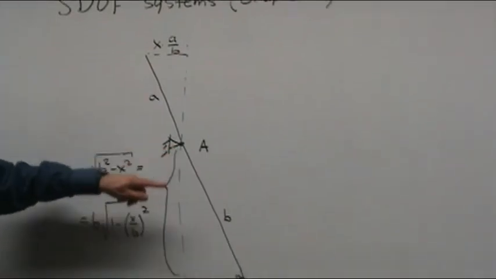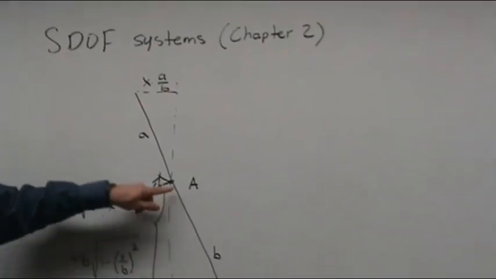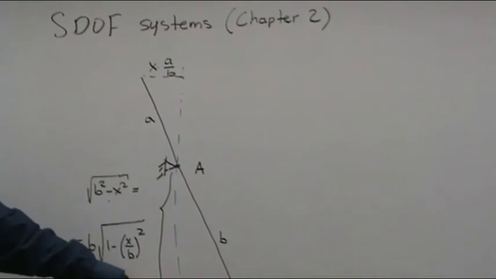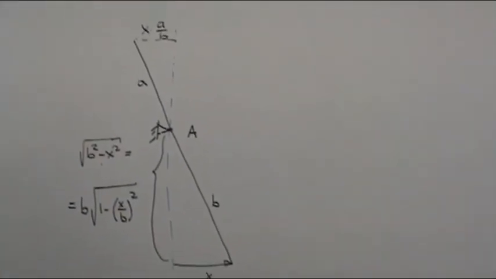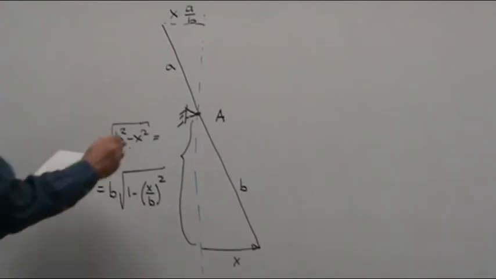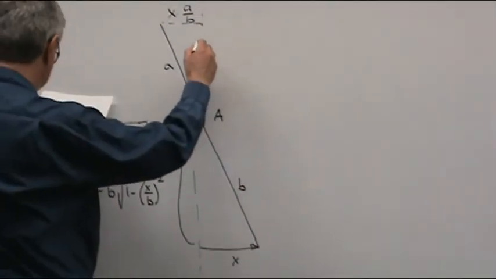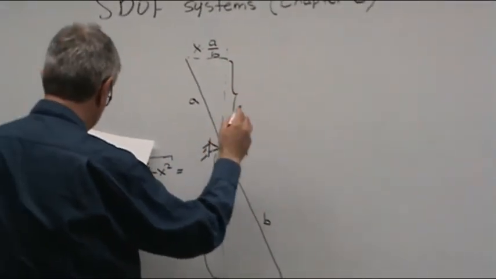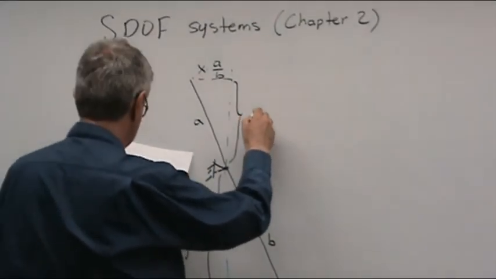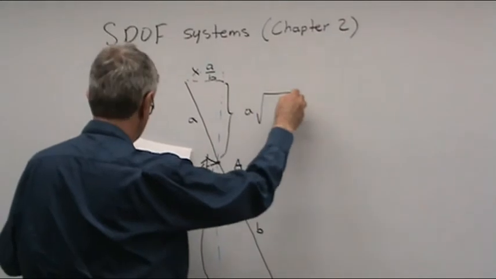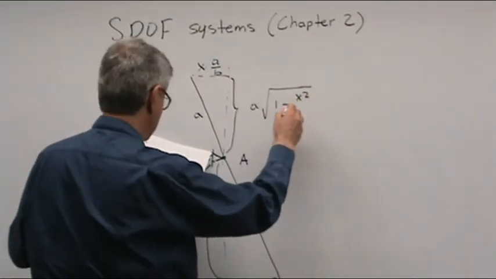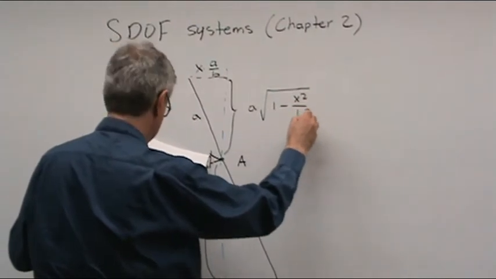So this is the vertical distance from A, the pivot, up to this point. If you want to write this distance, it is A times the square root of 1 minus x squared over b squared.